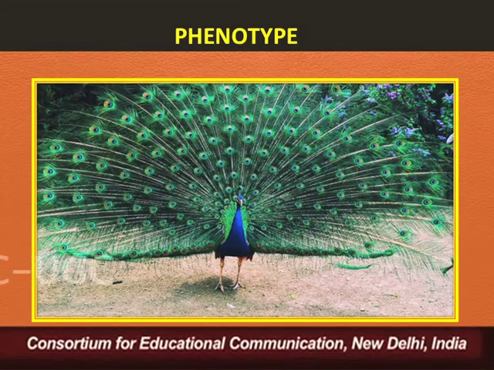So to begin with, let's start with this particular slide. We see a peacock here, and this bird has very big tail feathers which it can spread in the form of a fan. If we observe a number of peacocks together and they spread their fans, we might not be able to distinguish between the sizes of the fans, but a peahen would.